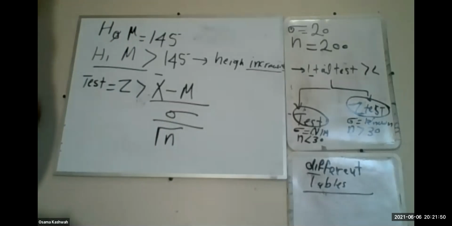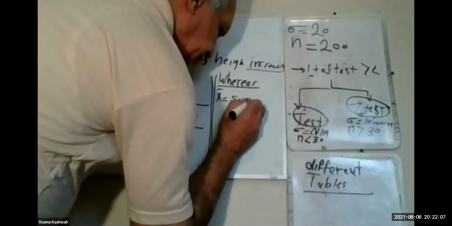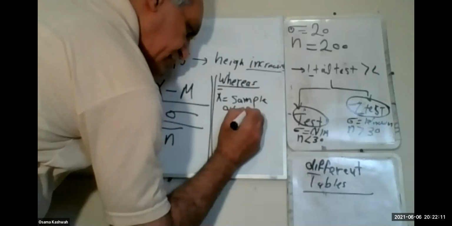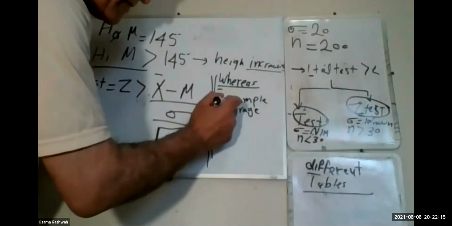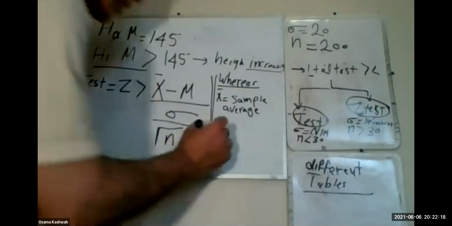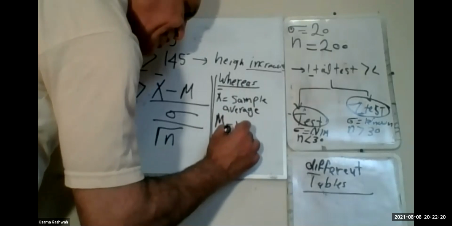Where X bar is the sample average. Mu is the population average.